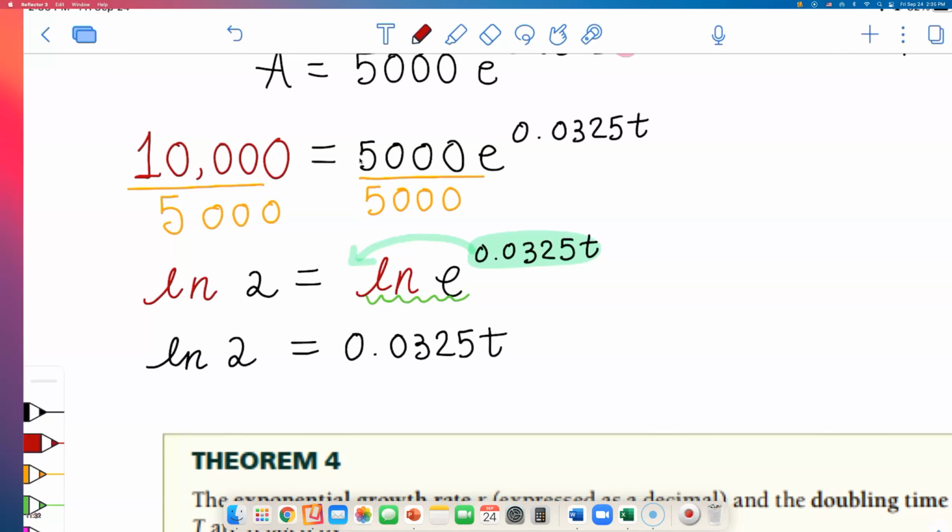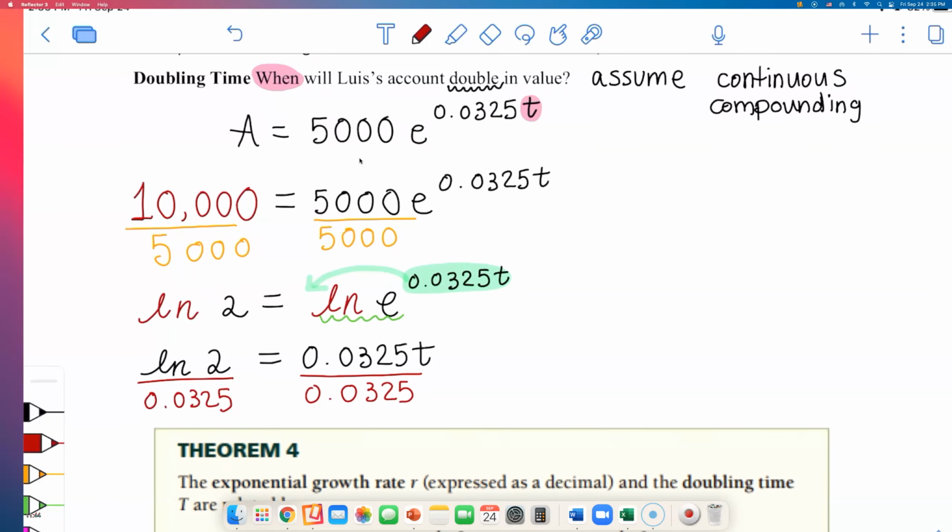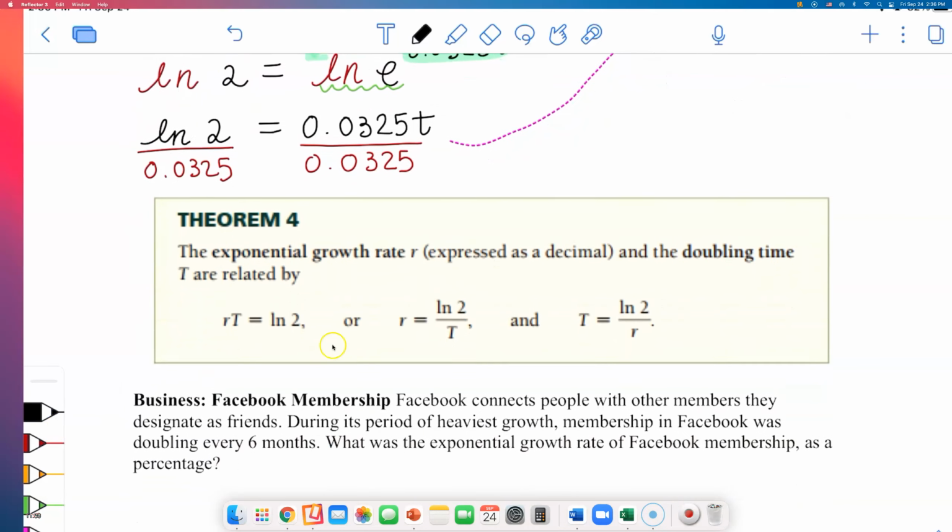All I need to do is divide both sides by 0.0325. So we are about to find out how many years Luis needs to wait for his money to double and become $10,000. So t is approximately, I'm going to type this into the calculator so that we can get a decimal approximation.